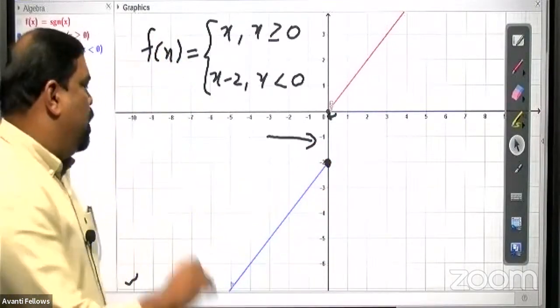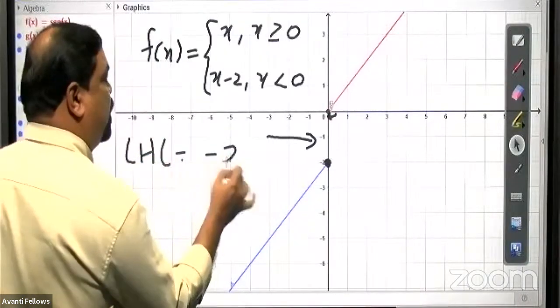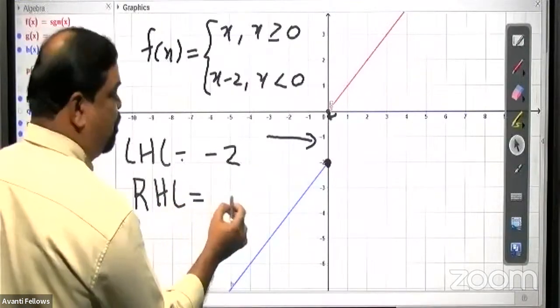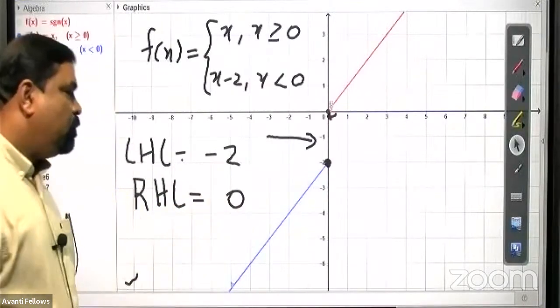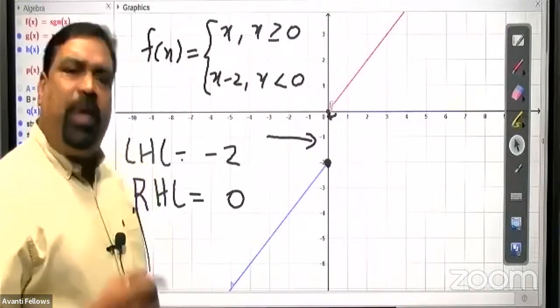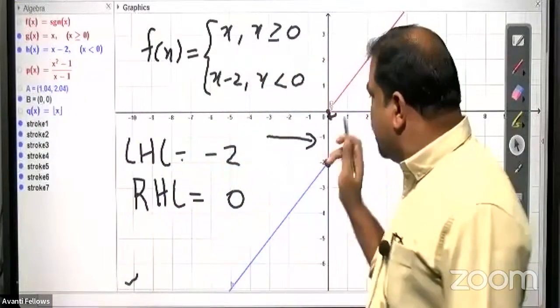So very clearly, the LHL is equal to -2, and the RHL, the right hand limit, is equal to 0. So LHL and RHL are not equal, so the function is not continuous at the point 0.